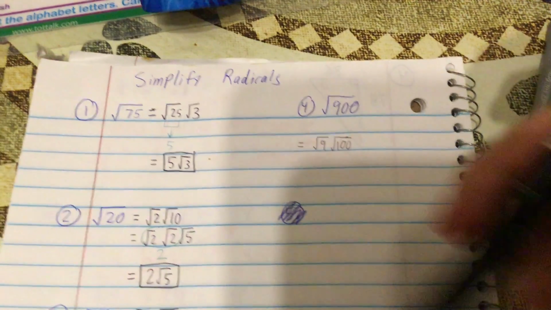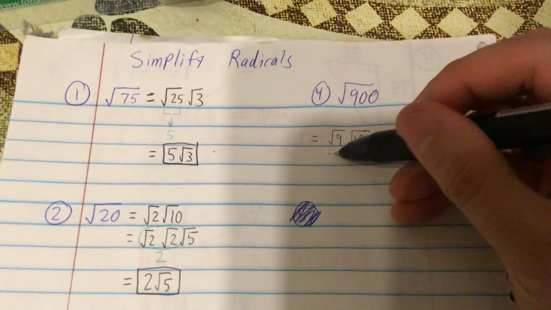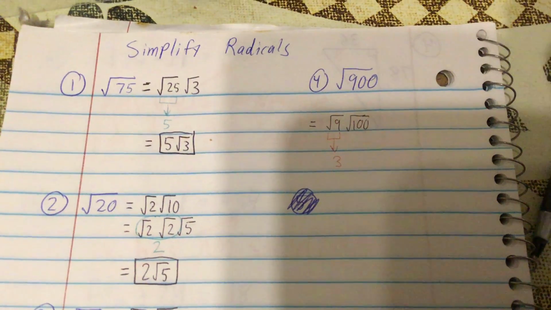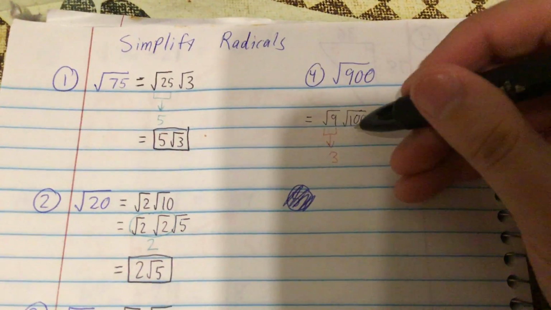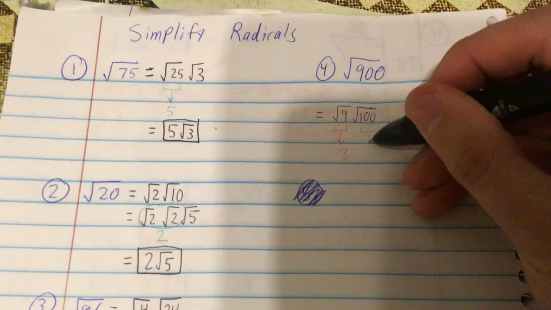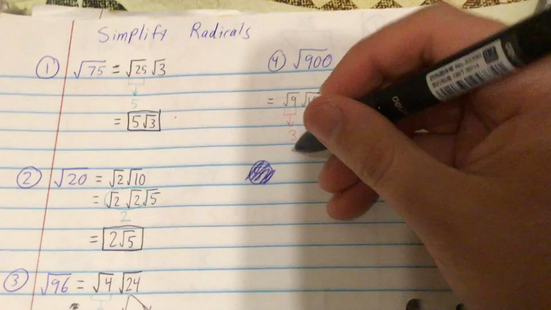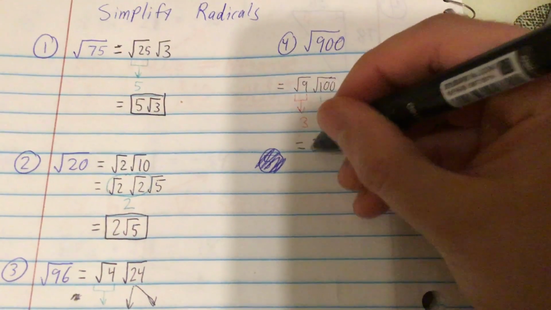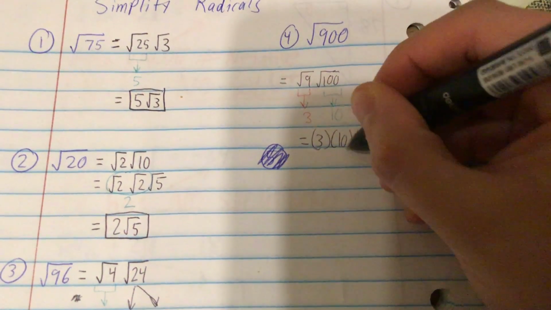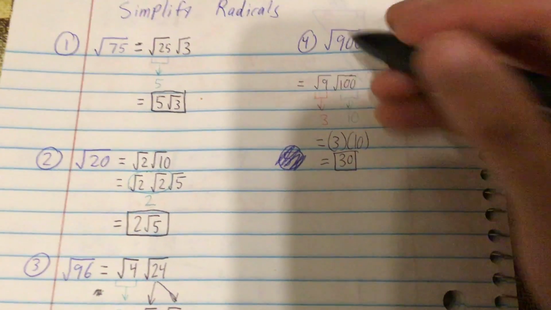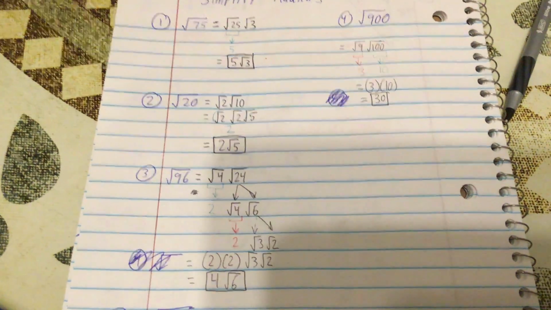So that's going to be 2 perfect squares together. Square root of 9 is 3. Square root of 100 is 10. So this whole thing is literally 3 times 10, or 30. And it makes sense because 30 times 30 is 900. I'm surprised I didn't see that immediately. I just got these from the book.